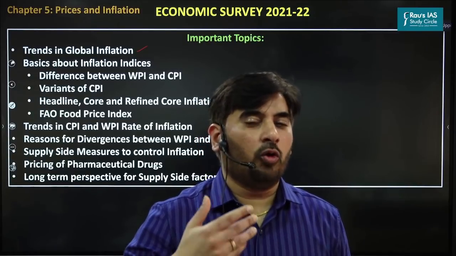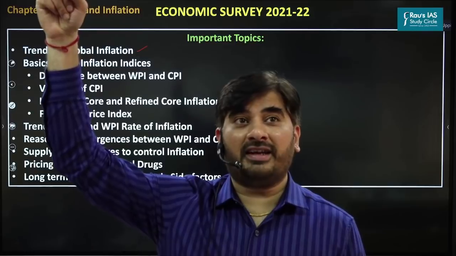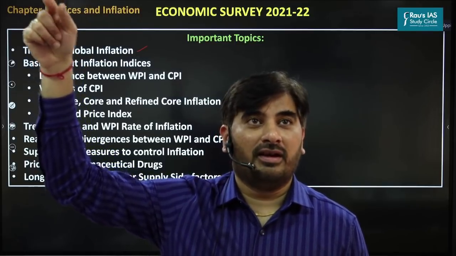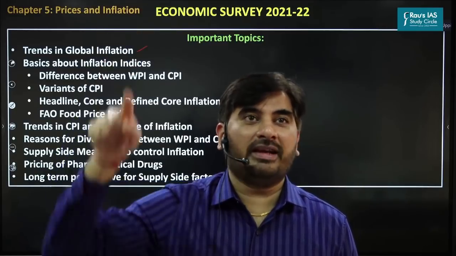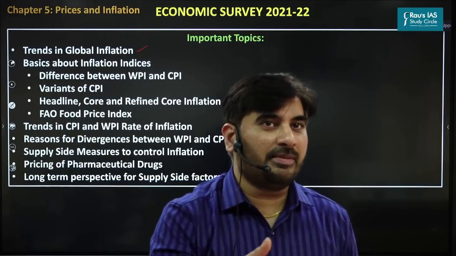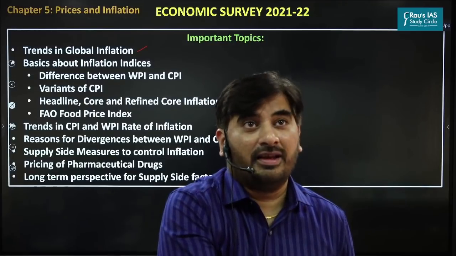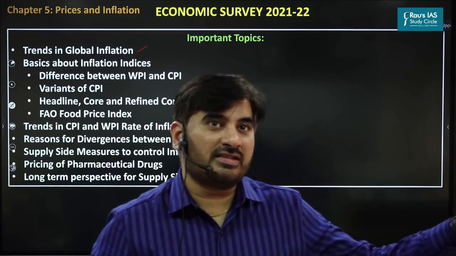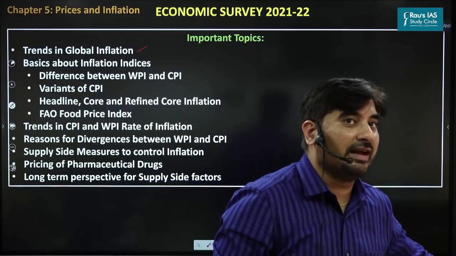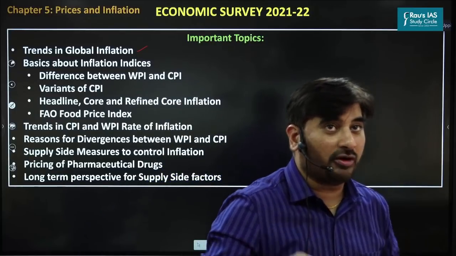If you see, wholesale price index is at a 25-year high of 12.5%, whereas CPI is at 5%. So there is a divergence between WPI and CPI. Both WPI and CPI are used to measure inflation, right? But in spite of that, there's a divergence. So this year's economic survey has discussed what are the reasons for the divergence. That is where it becomes quite important.